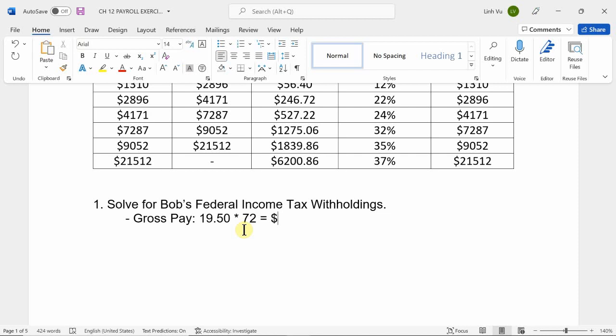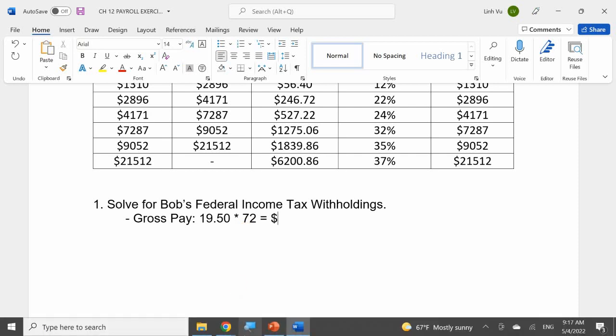How much has Bob earned? One four, 144. Good. He's earned $1,404, okay?